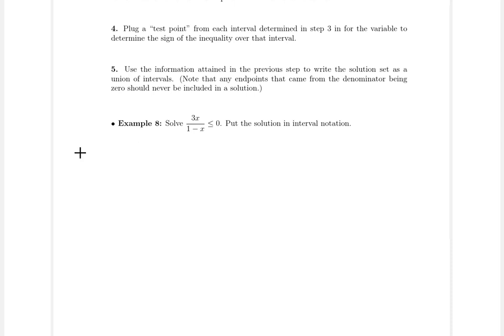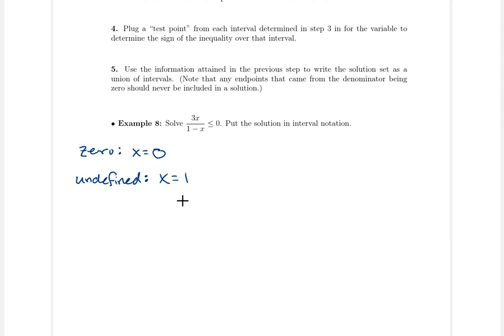Now, what we can see is that there's a 0 at x equals 0, right? If you let x be 0, the top becomes 0, making the entire expression 0. There is a spot where this expression is undefined at x equals 1.